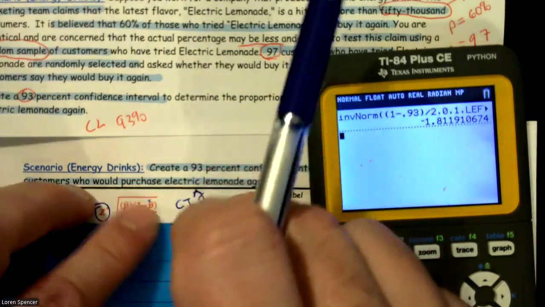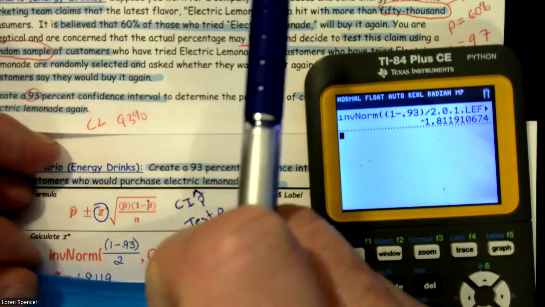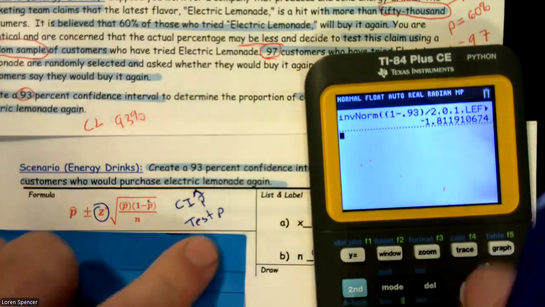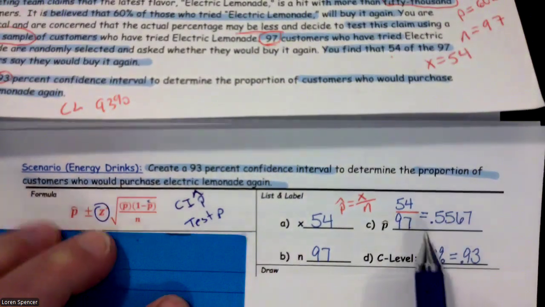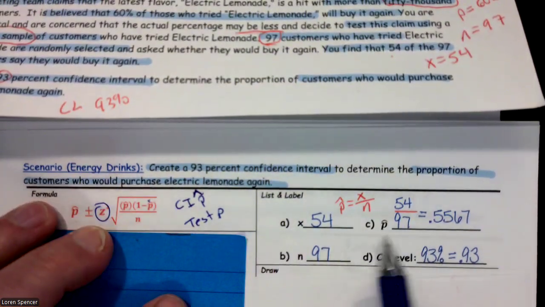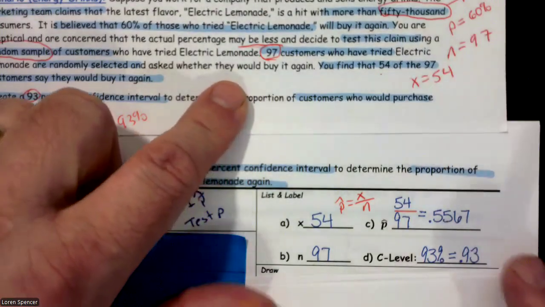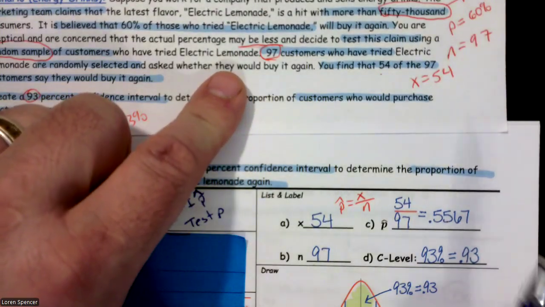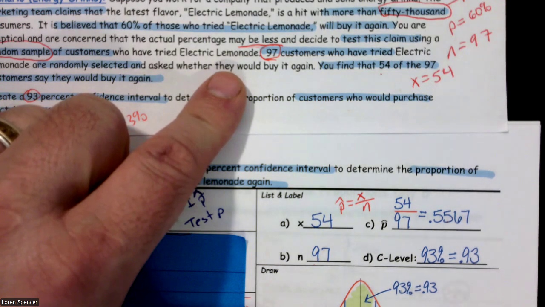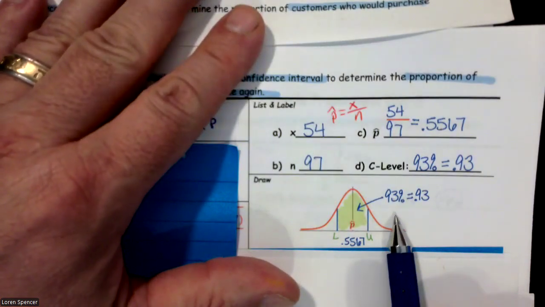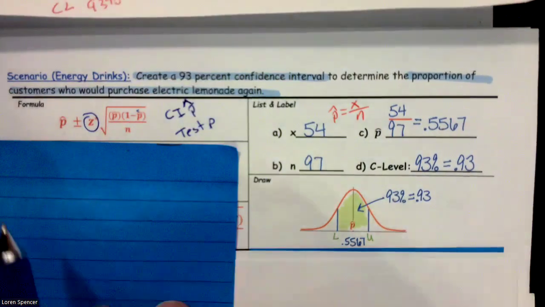One thing to keep in mind is that when we're running a confidence interval, we're always centered on p hat. So when we draw our picture, we're centered on 0.5567, not on the 60%. There it is, centered on 0.5567, and there's our 93%. Because it's a confidence interval, we're going to have a lower bound and an upper bound.